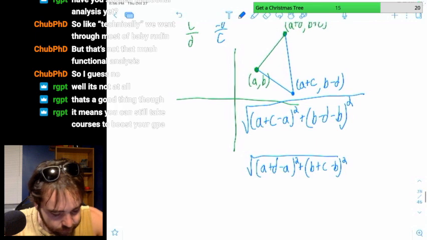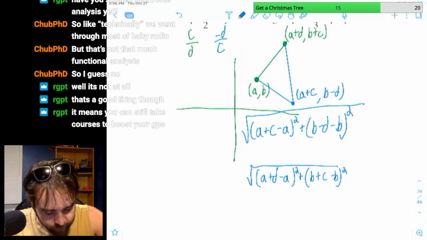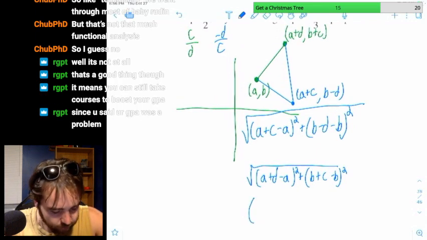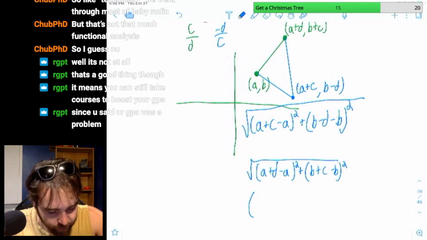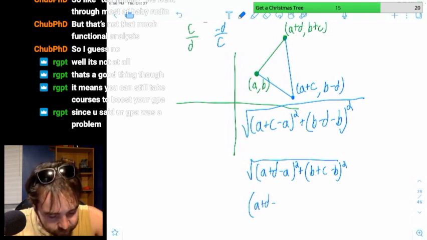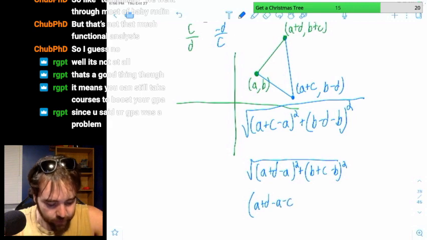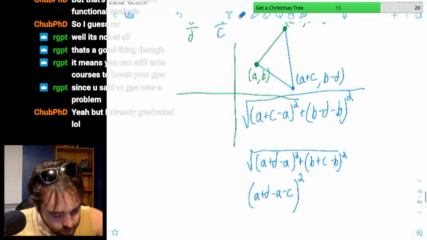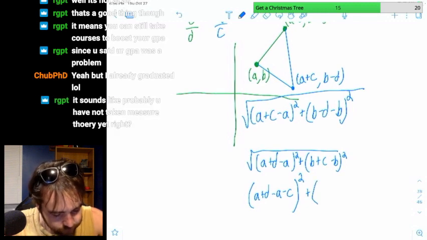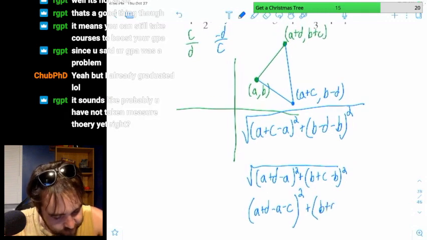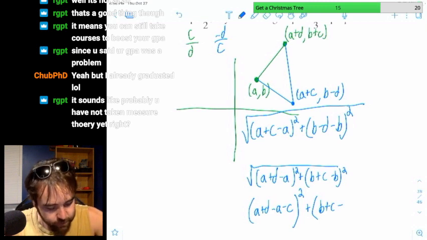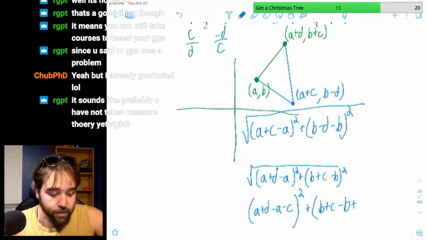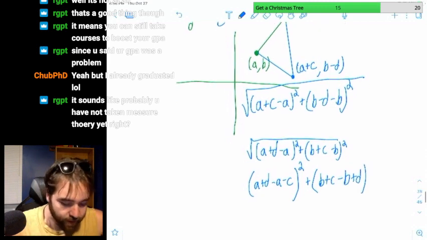The last distance is going to be slightly harder to calculate. So it's going to be A plus D minus A minus C when we distribute the negative, squared, plus B plus C minus B but then plus D when you distribute the negative.